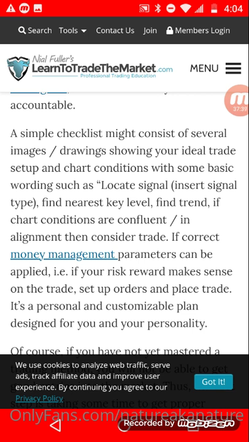If you're correct and you don't risk your risk reward, money management is the same thing as risk reward. If you have the right risk reward, and you have enough money in your account, then this won't be a problem.